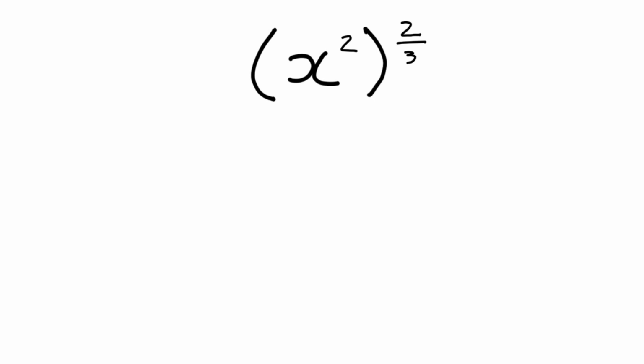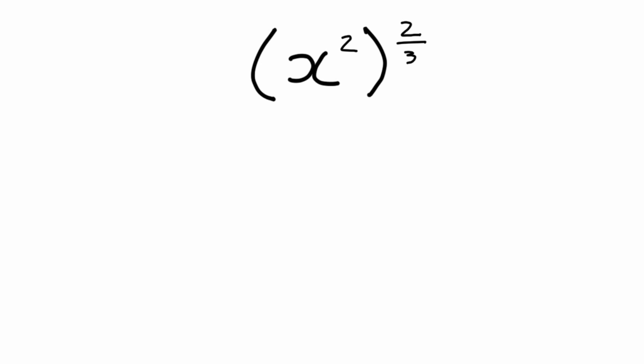What if I had something like this and I asked you to turn it into a radical? Well, this might require a few steps. The first thing I notice is I have multiple exponents, and I can probably simplify this using the exponent law. If I have two exponents separated by that bracket, I can multiply those exponents together to simplify things.